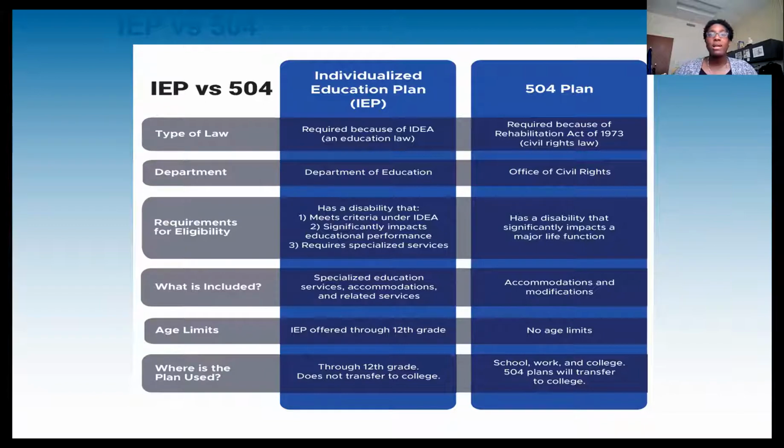It provides special education and related services to a student who is identified as having a disability that negatively impacts their ability to receive academic instruction. A student who receives special education services is entitled to modifications for curriculum, classroom accommodations, and also specialized instruction related services such as occupational therapy, physical therapy, speech therapy, and social work or counseling.